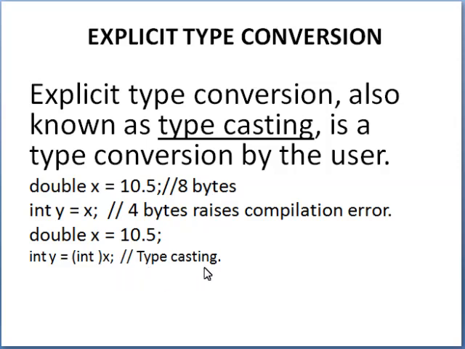We want the result in integer, so we are converting the double data type to integer. This is called explicit type conversion. So the difference between implicit and explicit type conversion is, in implicit type conversion, the conversion is automated by the compiler, and in explicit type conversion, the type conversion is by the user.